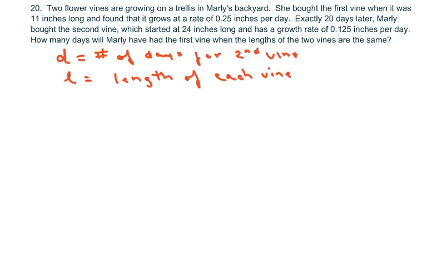So basically, Marley's first vine grows at a rate of 0.25 inches per day, and it was 11 inches long when she bought it, which was 20 days before d. So the way we're going to write it is L equals 0.25 d plus 20, because it was already at 20, and then we have plus 11, right?